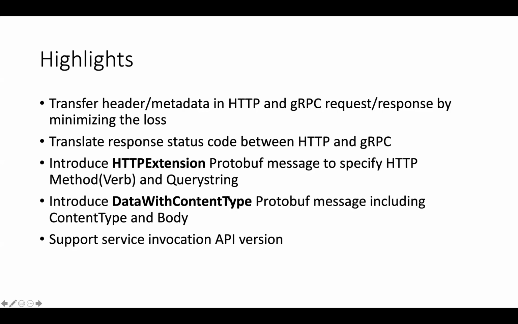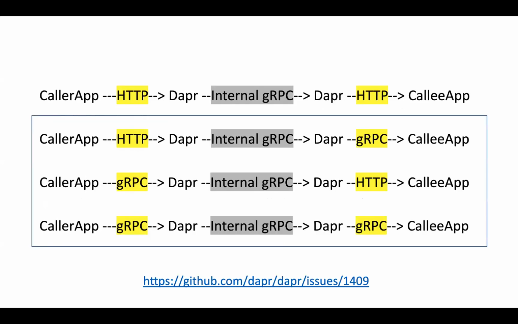Any questions? If you want to know in detail about the change, you can check this link, and you can see what the problem is and how we resolved it. What is the gap between HTTP and gRPC from the Dapr point of view, and how we resolved those issues.